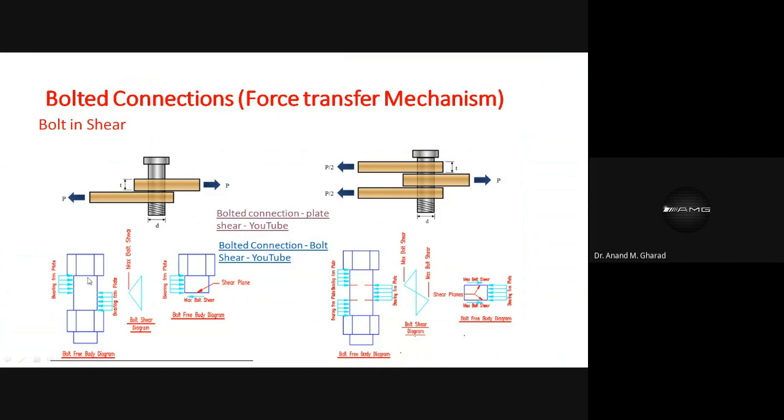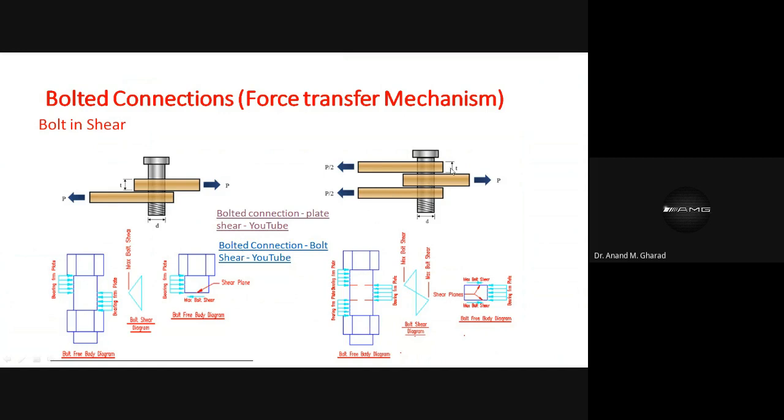The shear force increases from this to the maximum value, and then from this to the maximum value. So this is the maximum bolt shear which we can plot, and this is true for two plates which are getting connected with the help of one bolt.